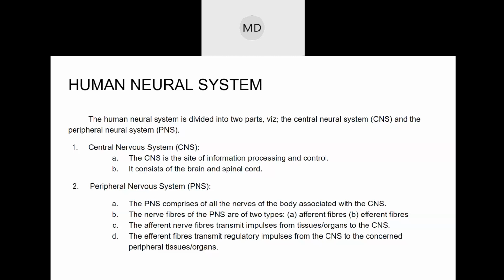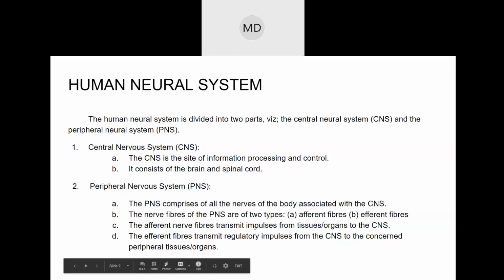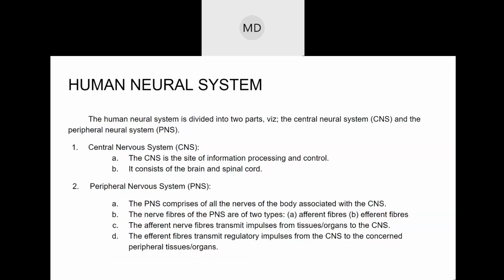So the hand sends signals to the brain, and the signals are transmitted through the afferent nerve fibers. Afferent nerve fibers transmit signals from the tissues and organs to the central nervous system. Is it clear?